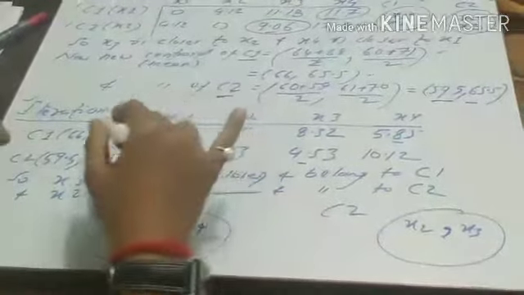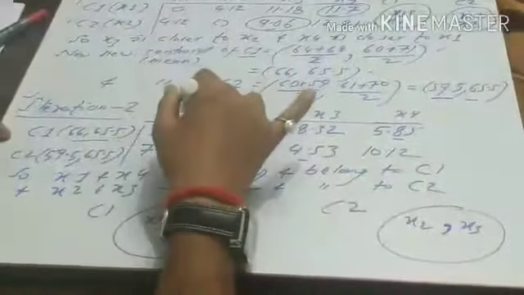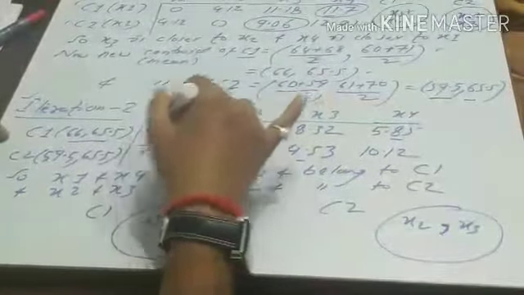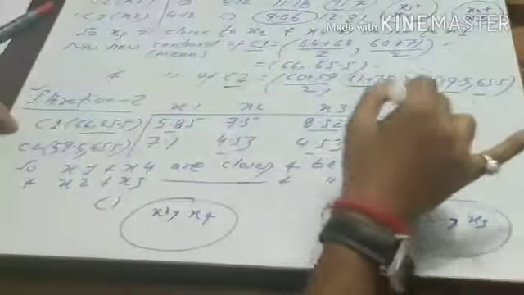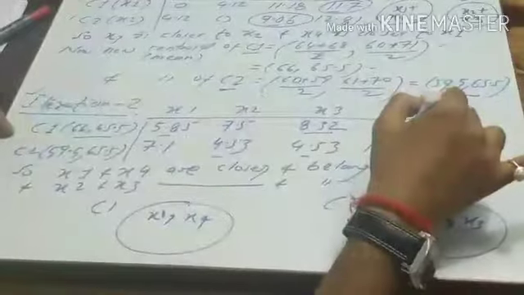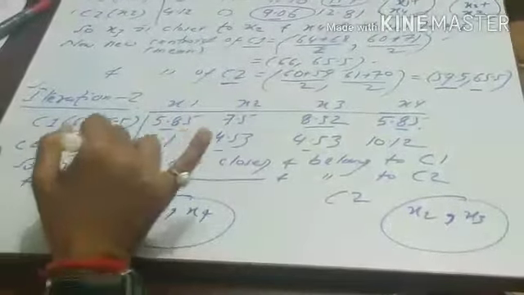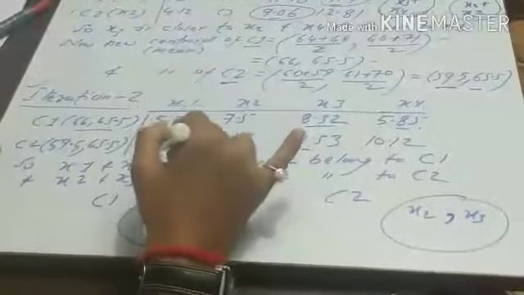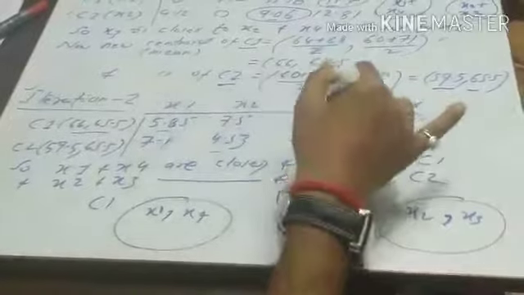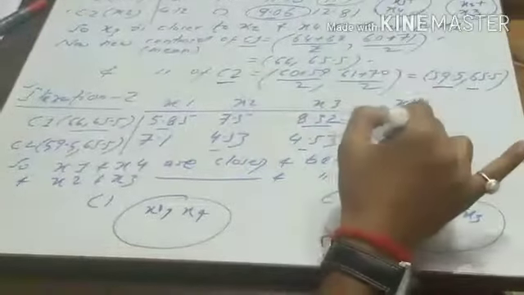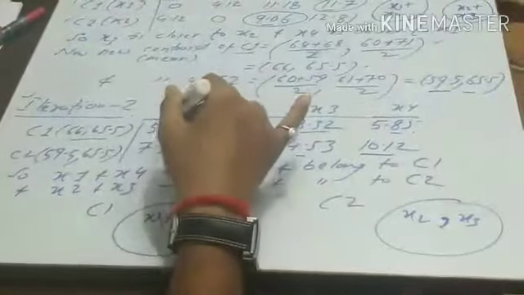The distance between the new centroid of C1 and x1 is 5.85, x2 is 7.5, x3 is 8.32, and x4 is 5.85. Similarly, the distance between the centroid of C2 and x1 is 7.1, x2 is 4.53, x3 is 4.53, and x4 is 10.12.